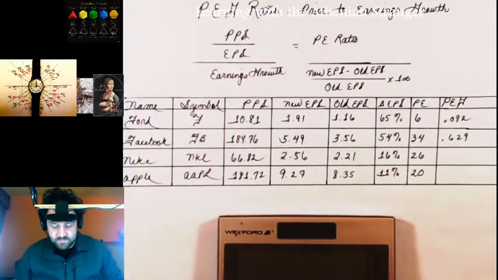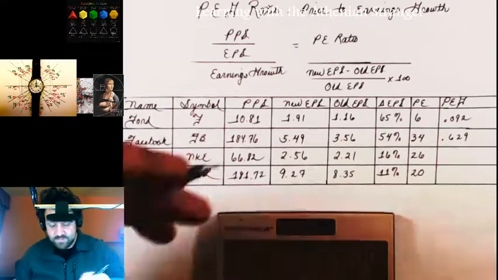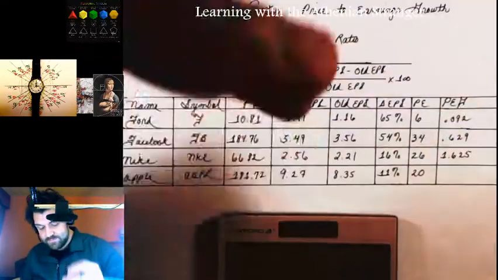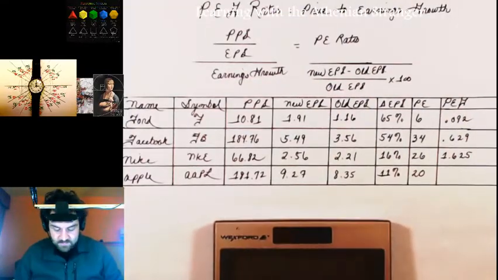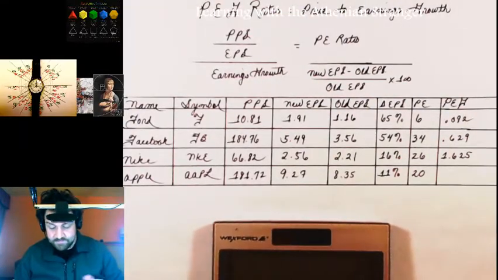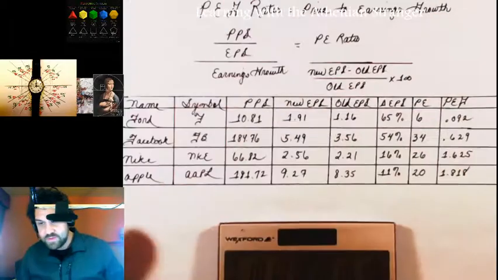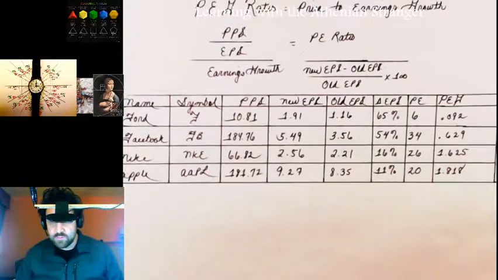And then for Nike, we'll take 26 divided by 16, and we get 1.625. And then finally for Apple, we take 20 divided by 11, and we get 1.818.